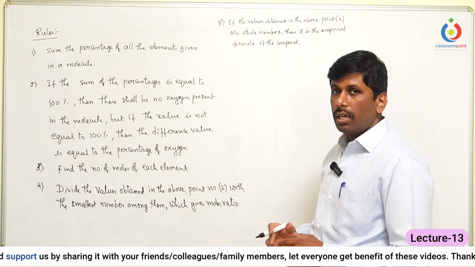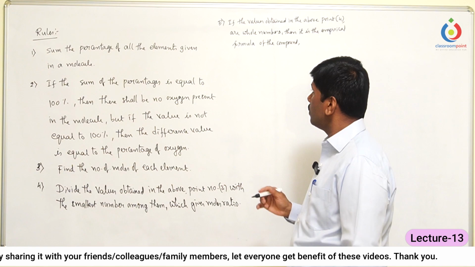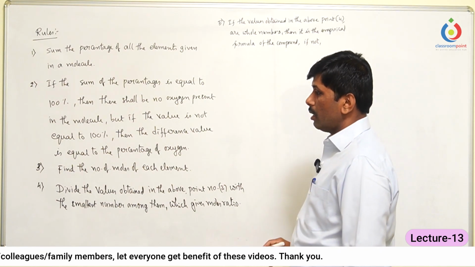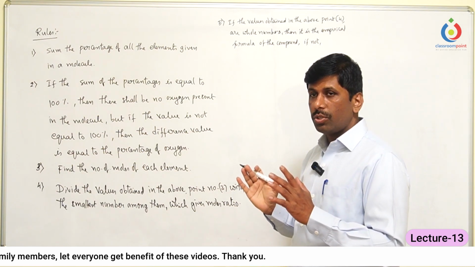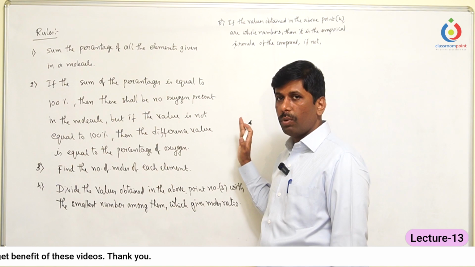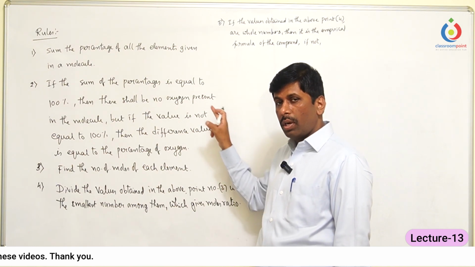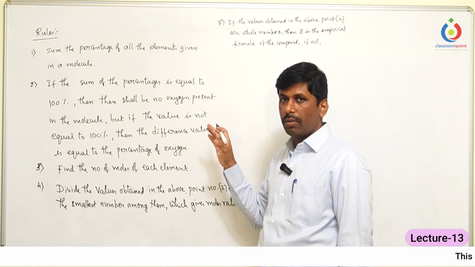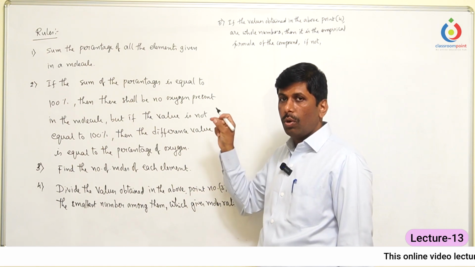So we have to see that it is the simplest whole number ratio. If not, if the values are not the simplest whole numbers, for example, you got 1, 1.5, again 1 or 2 is there. So 1.5 is not a whole number value, it is a fractional value. So it must be in whole number values.